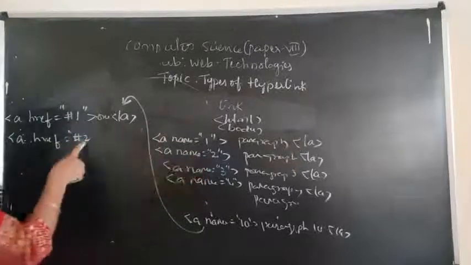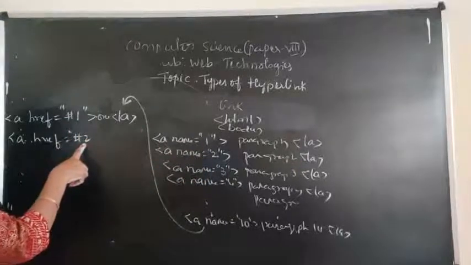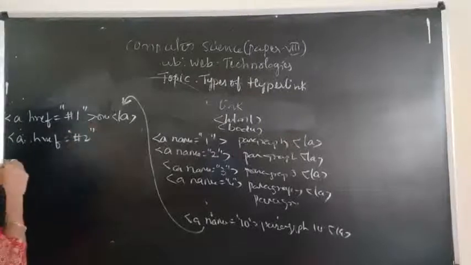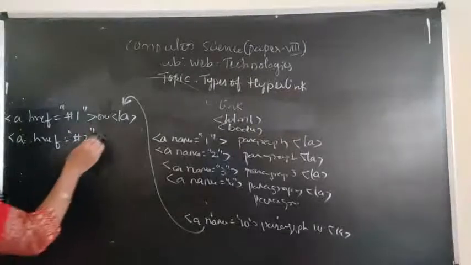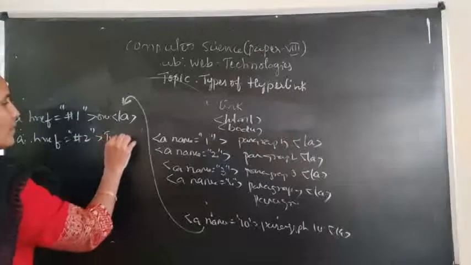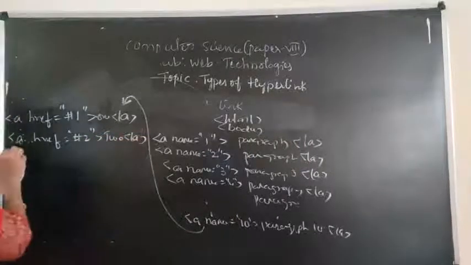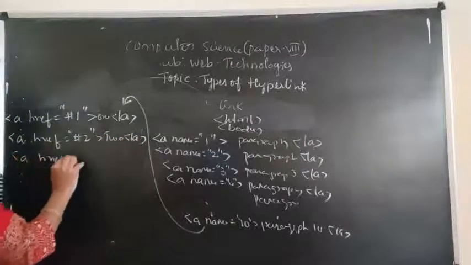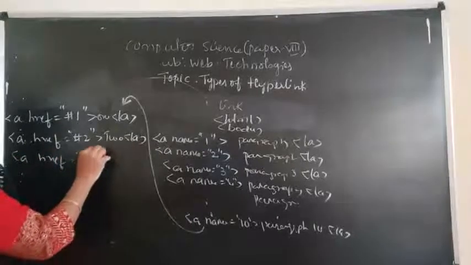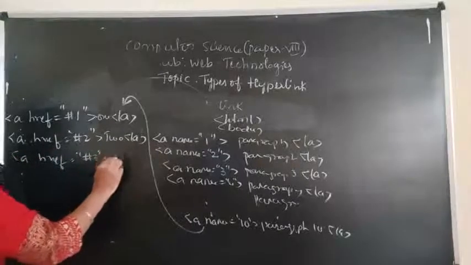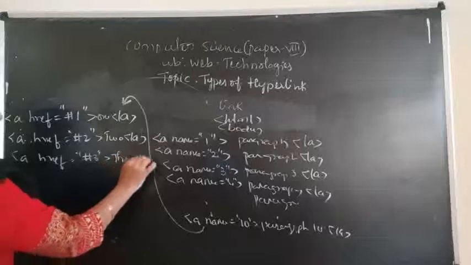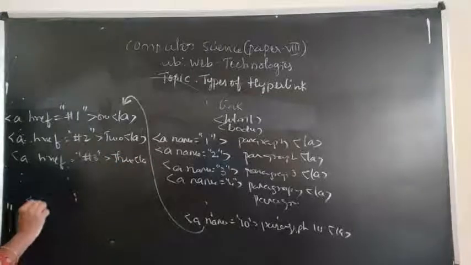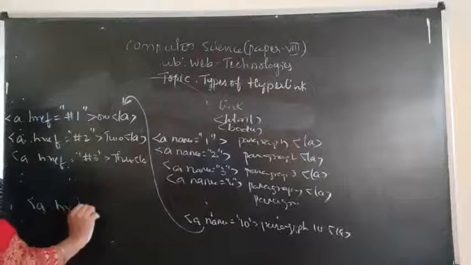This name should be the same. You are not supposed to change the case either, just as with a file name. Now 2, close this. Now a href equals to hash 3. Now 3. Like this, you create the links for 10 paragraphs.